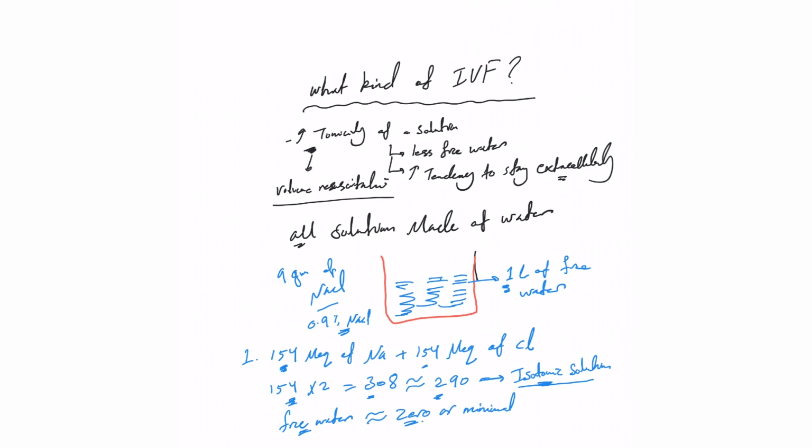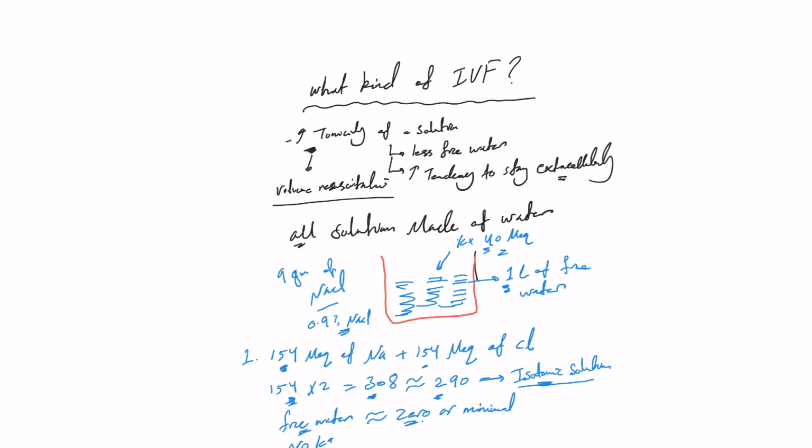Free water is minimal, and that's very important to understand when we come to what solution we need to pick for what indication. So remember that. It has no potassium by itself. Okay? But imagine we decide to add potassium to it, 40 milliequivalents. What's going to change is this equation, because now to the 308 you need to add 40, because potassium is an osmotically active agent.